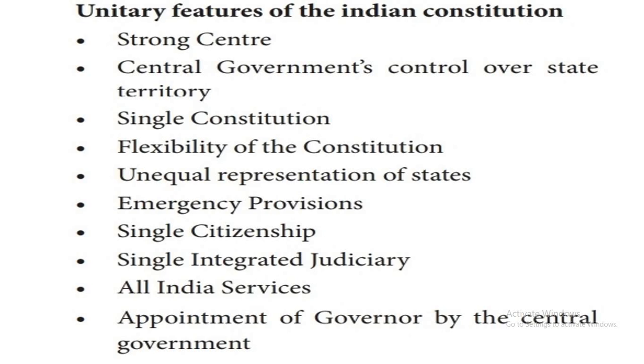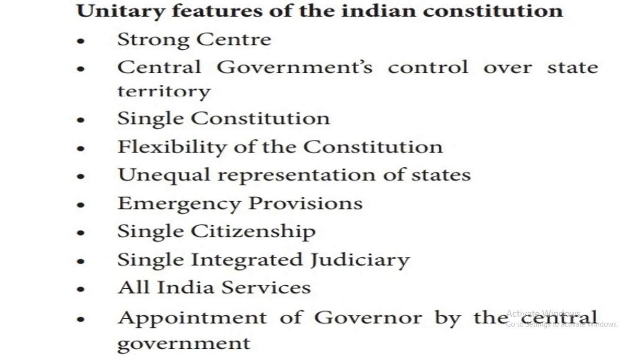The unitary features of the Indian Constitution. How are the features there in the Indian Constitution? It's very strong, and the central government has control over state territory. So it will be with a single constitution, flexible, and have unequal representation of states. The states decide their own representatives. Emergency provisions will be provided.